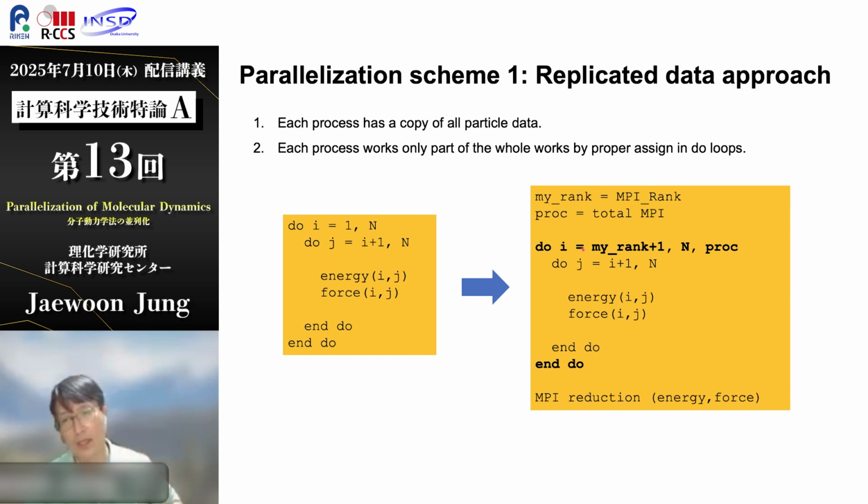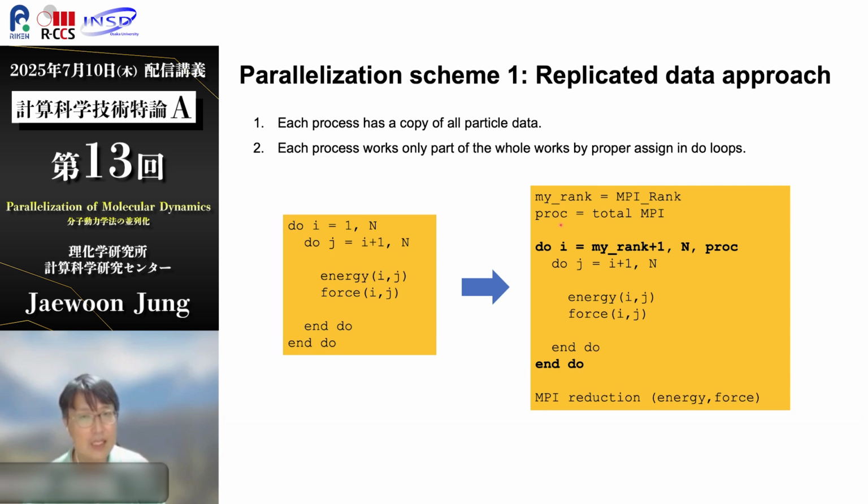So for example, let's consider there are 16 processes, and the MPI rank goes from 0 to 15. Each processor has a myrank value between 0 and 15, and the total number of processors is 16.